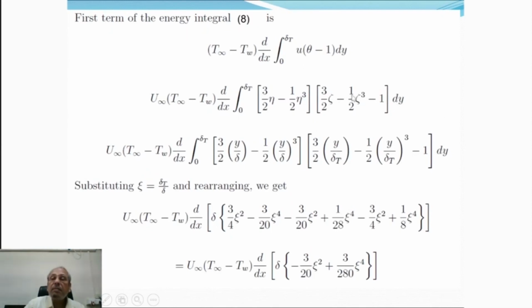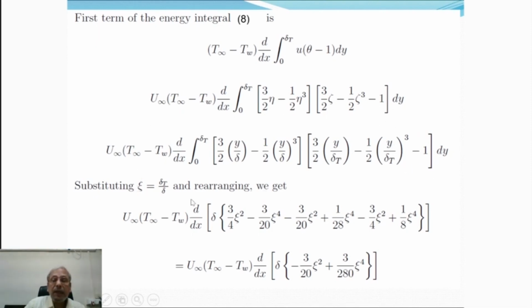We perform this integration, U infinity (T infinity minus TW) d/dx of the entire integral between 0 to delta t, of 3 by 2 (y by delta t) minus half (y by delta t) cube minus 1 dy.